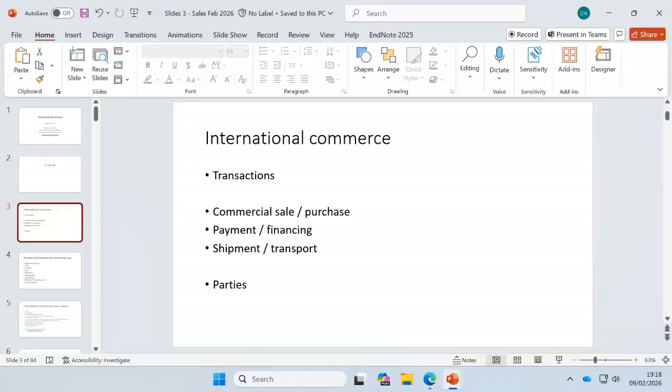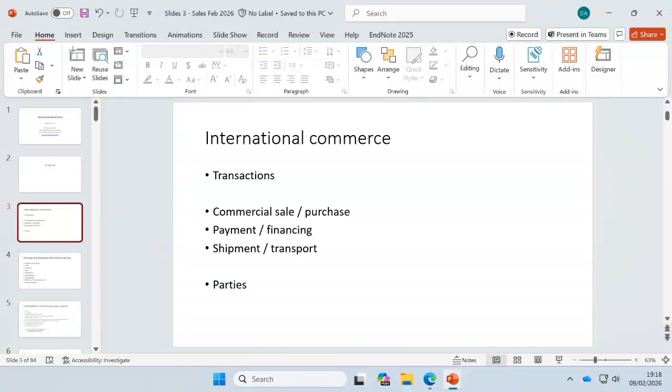In other words, there needs to be set how the goods are going to be delivered, when, where, and the acceptance and quality of those goods.